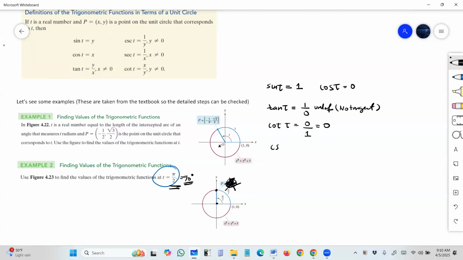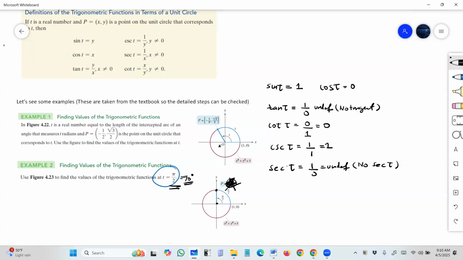How about cosecant t? Cosecant t, as you see there, is 1 over y. So it's 1 over 1, which is 1. And secant t is 1 over x. 1 over 0, which is undefined. So no secant t.